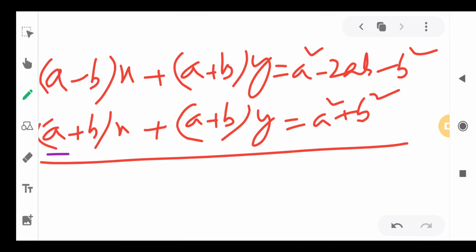So this becomes minus, and of course this becomes minus and this becomes minus. Now look at this: here it is (a plus b) into x, and here it is (a minus b) into x. When I expand, ax will come here and ax will come here. Here ax is plus, here ax is minus, so both get cancelled.